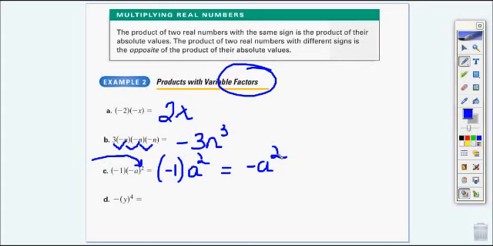And then the last one, another be careful, we have the negative sign outside of the parentheses. So first the exponent applies directly to the left of it. So y to the 4th, but we want y to the 4th to be the opposite. So it's negative y to the 4th.